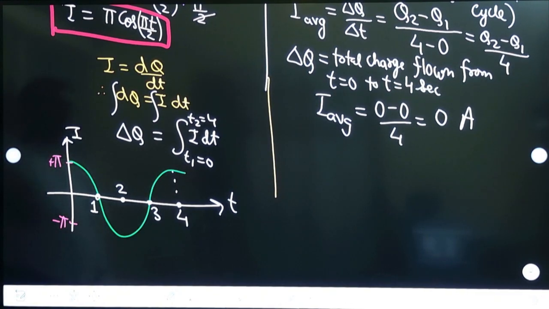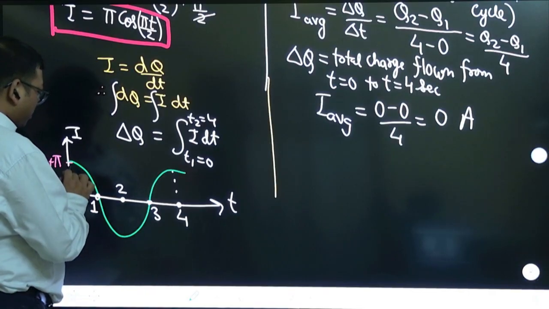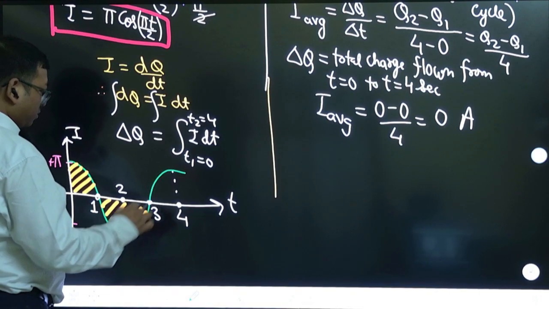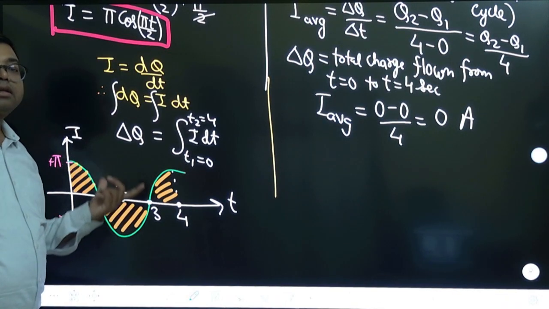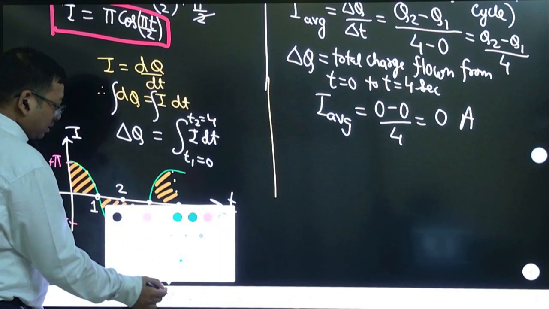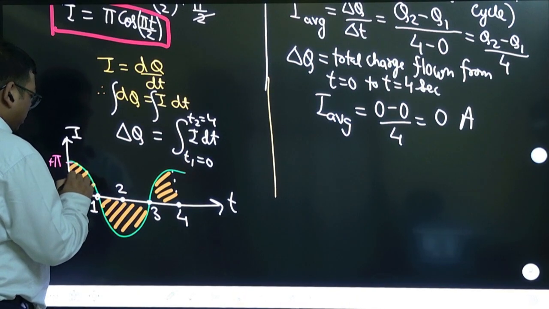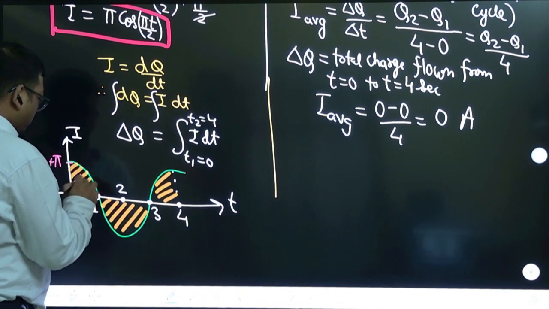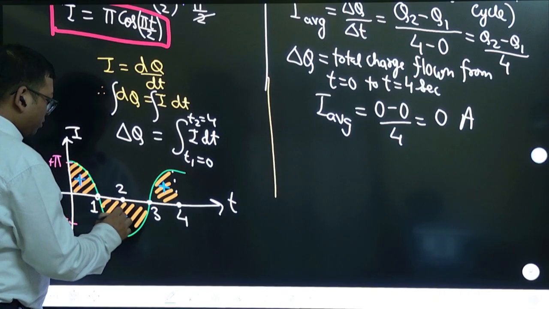Now try to understand what area under the graph means. Area under the graph means this area in the current time graph. This area is delta Q within this interval 0 to 4. Note that this area is positive, this area is also positive, and this area is totally negative.